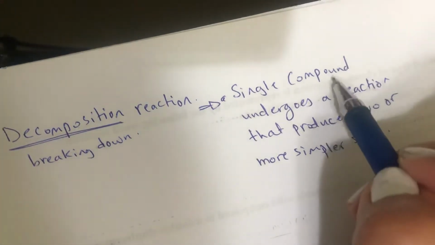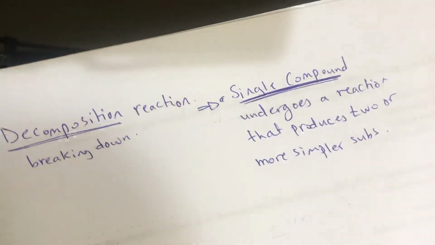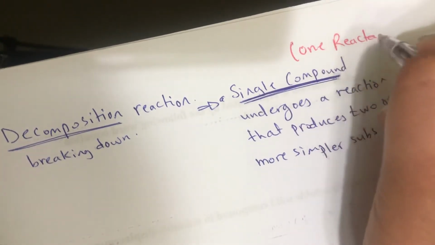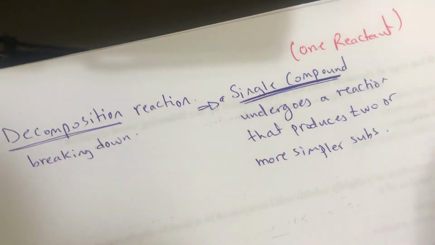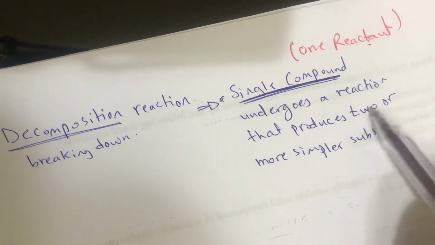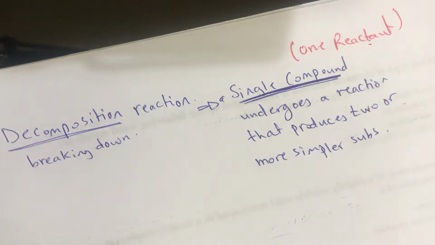So here, single compound, so it contains one reactant. So in the equation you have one reactant that breaks down to produce 2 or more simpler substances.